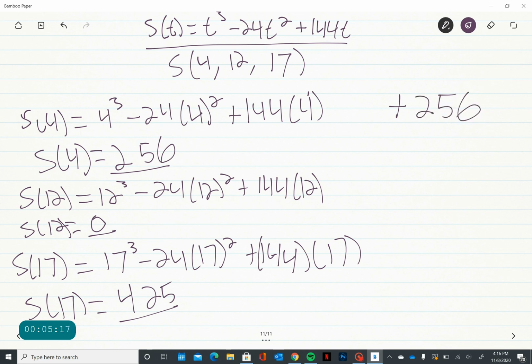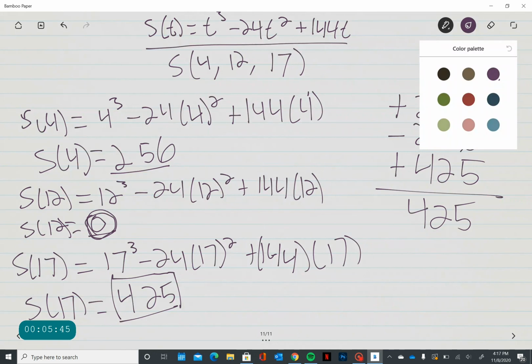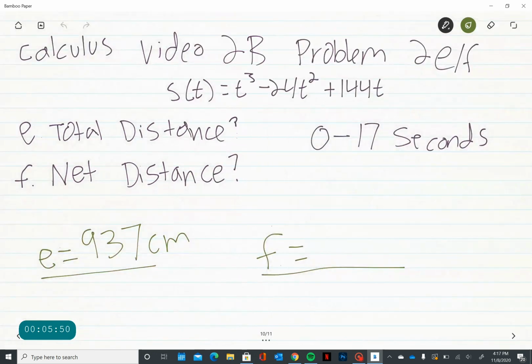And then we know that it's moving in the negative direction to get back to this 0. So we subtract 256 because it goes in the negative direction. And then the final, it goes forward another 425. Then we add, and our answer is just 425. So the net distance is 425 centimeters.